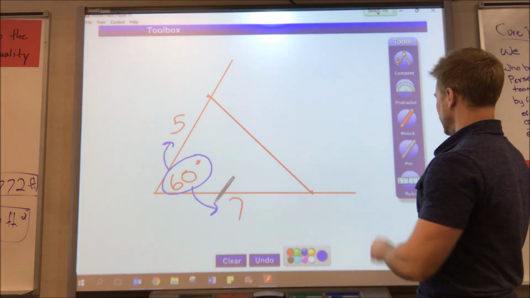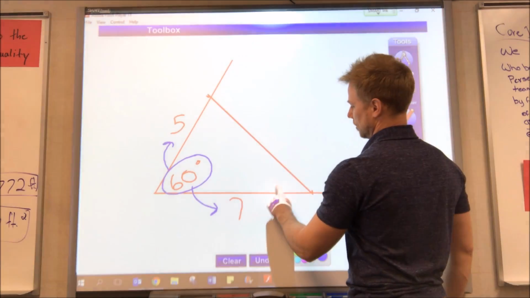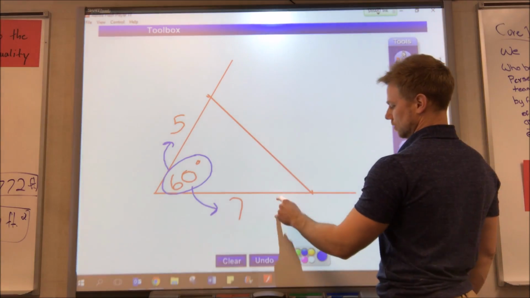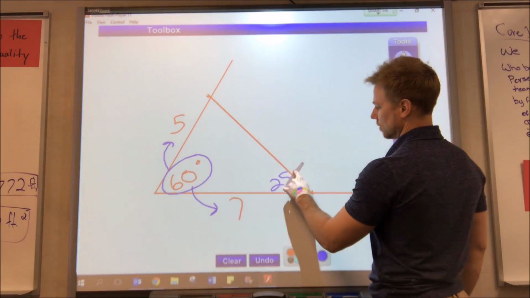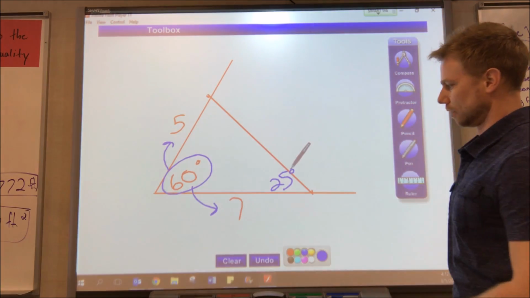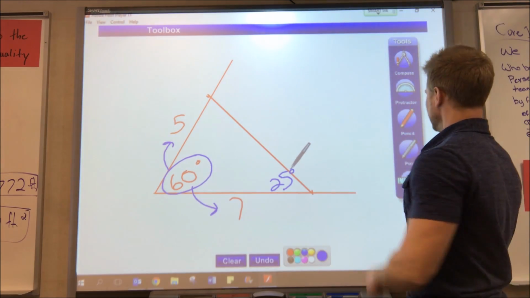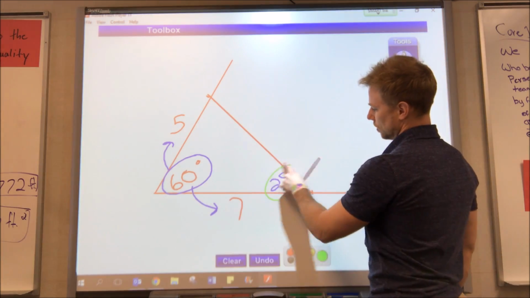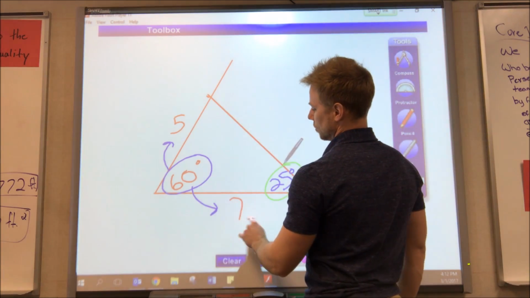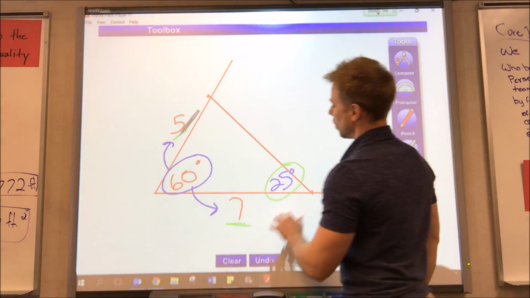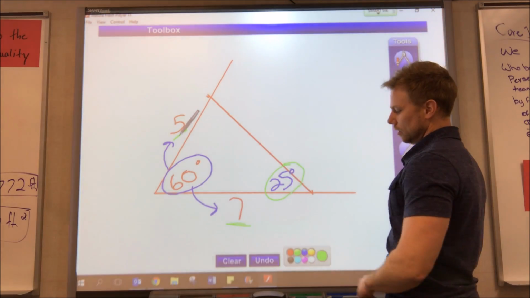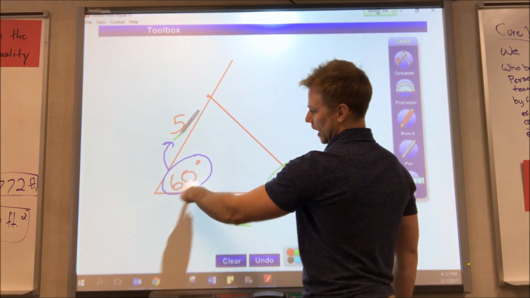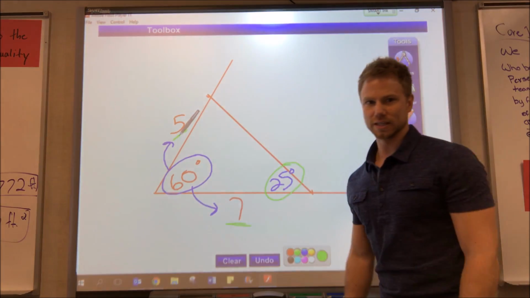A non-included angle would be an angle like 25 degrees over here, kind of just estimating that. That is not between the two side lengths. Okay, so the two side lengths are away from the angle. That is not included. When the angle's in between, that's included.